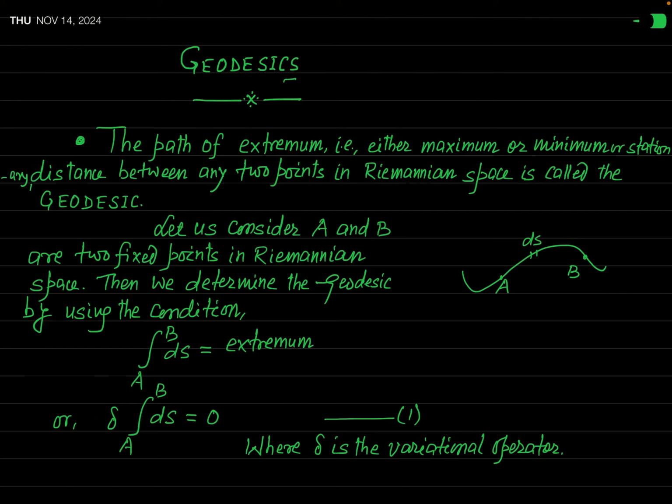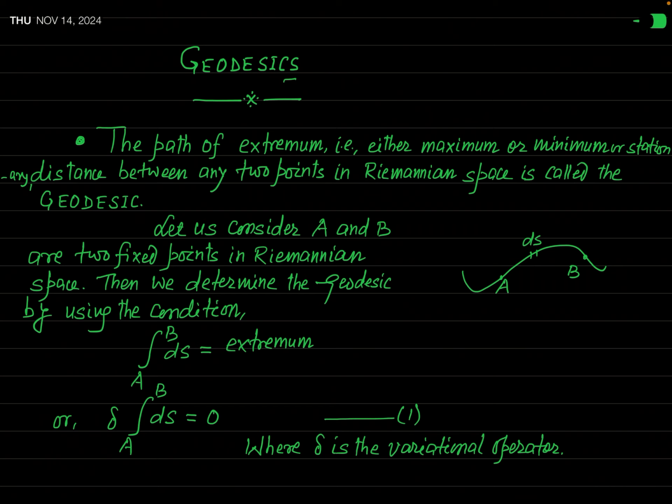So the idea of the geodesic is seen in Riemannian space, not in Euclidean space. In fact, a straight line is the simplest geodesic, you may say. So how is this geodesic defined? Let us see first of all.